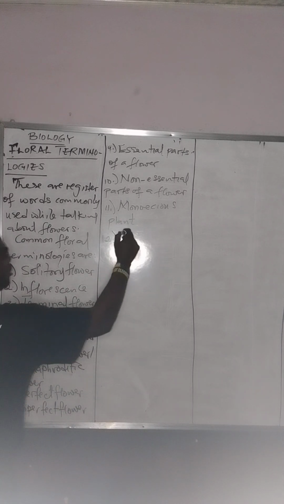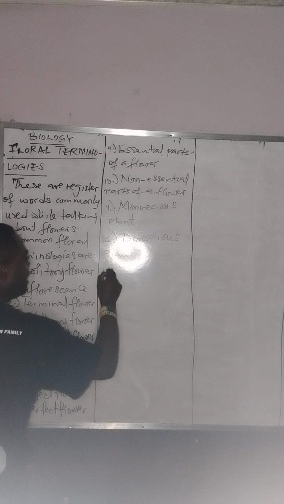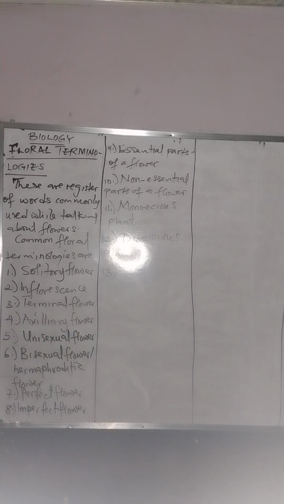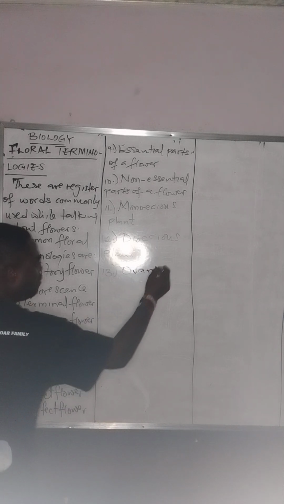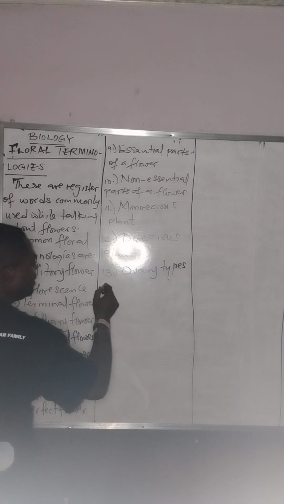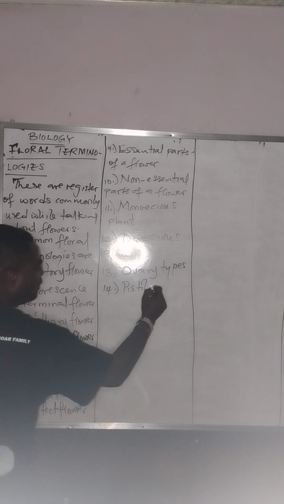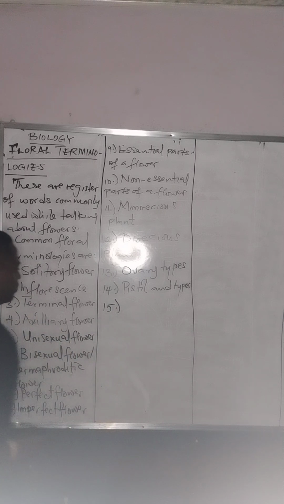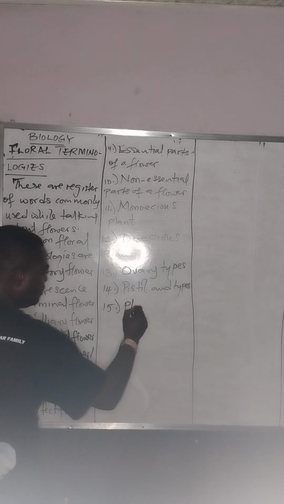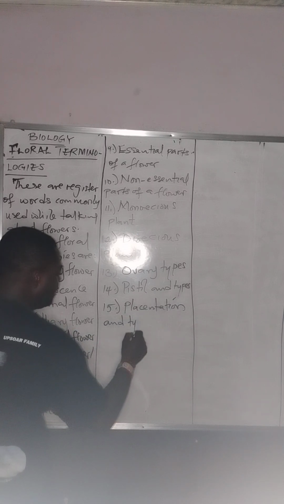And we have dioecious plants. We have ovary types. Then we have pistil and types of pistil. Then we'll be talking about placentation and types.